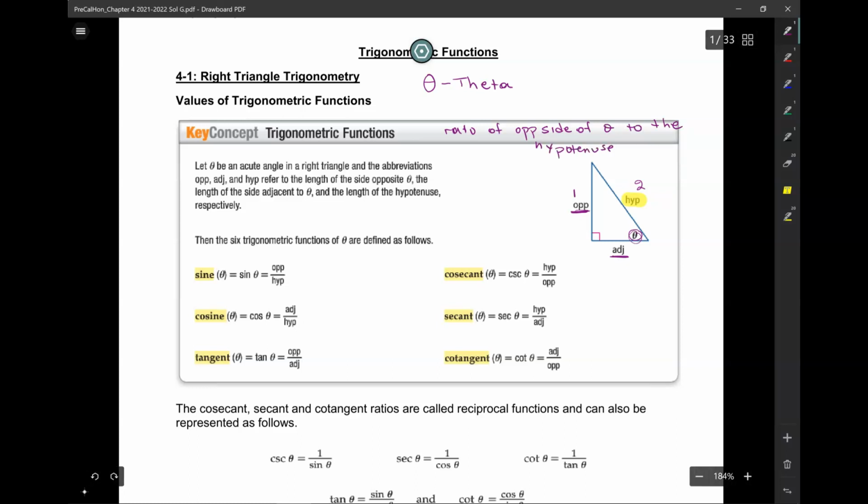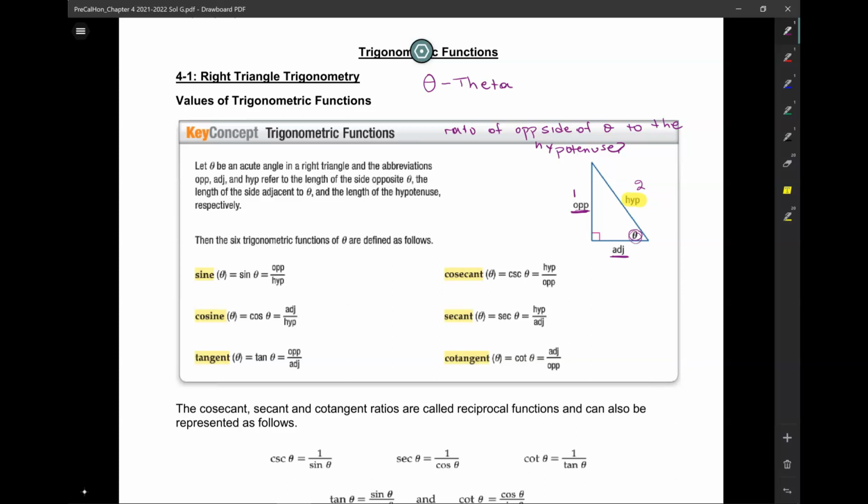What's that ratio? It's 1 to 2. So what does that mean? That means if the opposite side had a length of 7, the hypotenuse would be 14. It's just the ratio, 1 to 2. We might say 0.5, but we really understand it's just a ratio. One is twice as big as the other.